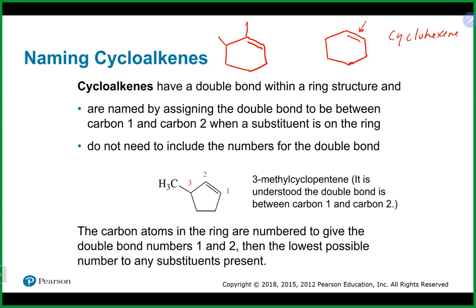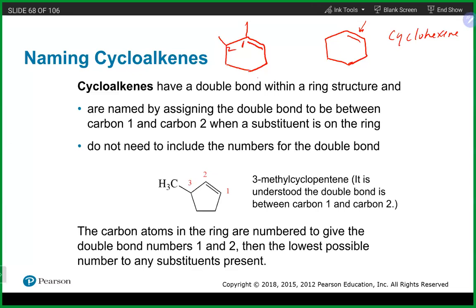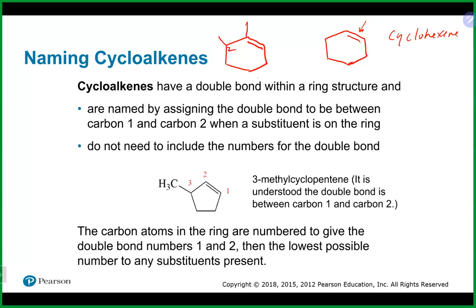What I mean by that is you may be tempted to do, well, that's carbon 1, and then that's 2. We did not go through the double bond to get there, right? We kind of went away from the double bond. So your 2 options in numbering in this case is, because the double bond still takes the priority, even in a ring structure, you got to start numbering at the double bond.